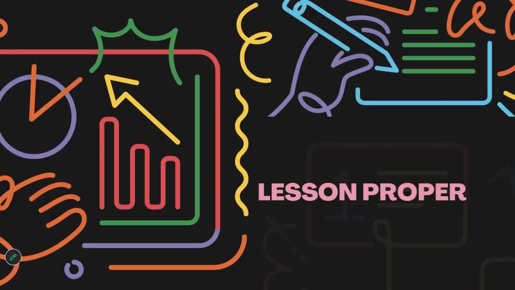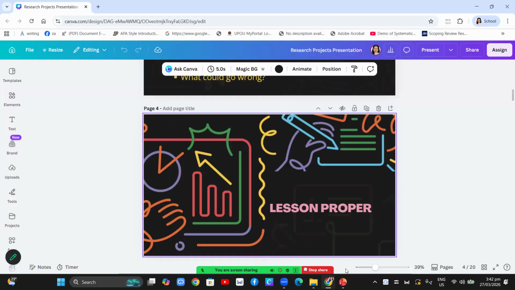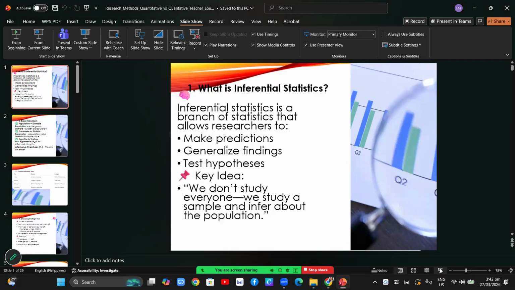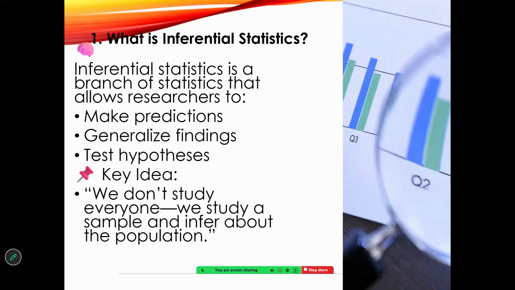Now let's have the lesson proper. What is inferential statistics? Inferential statistics is a branch of statistics that allows researchers to make predictions, generalize findings, and test hypotheses. The key idea is we don't need to study everyone.